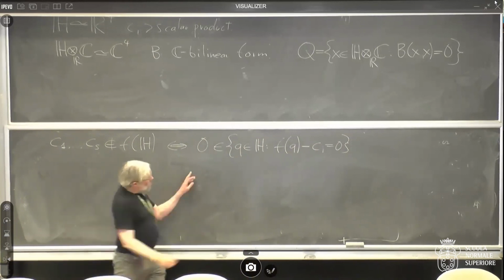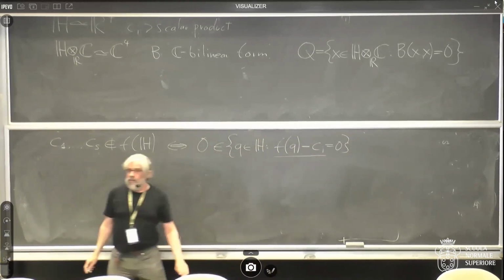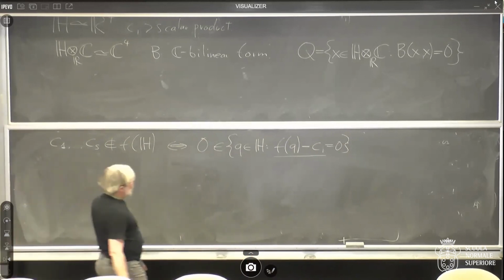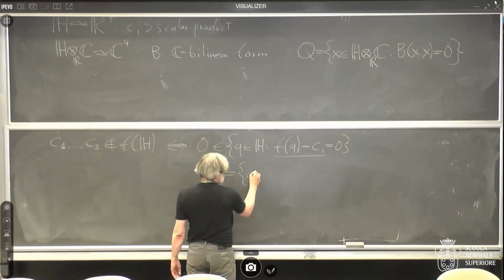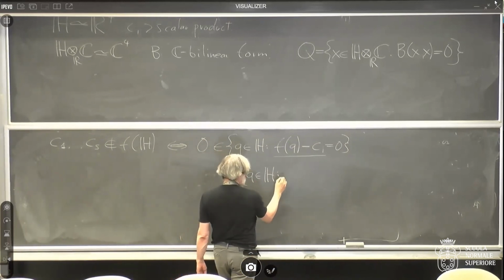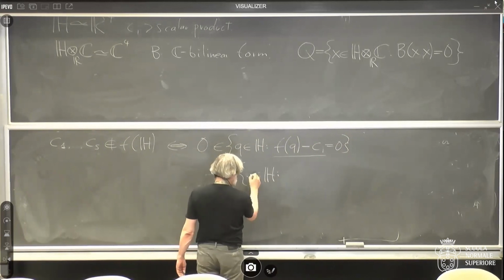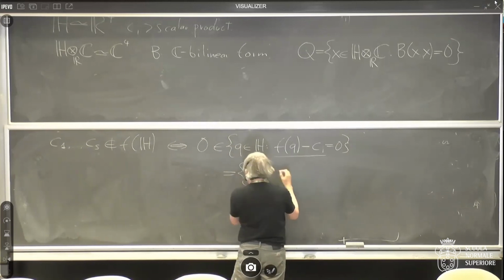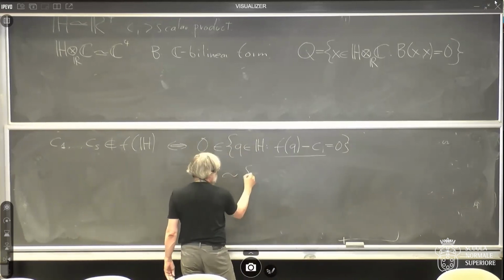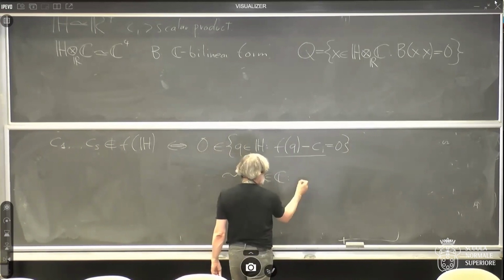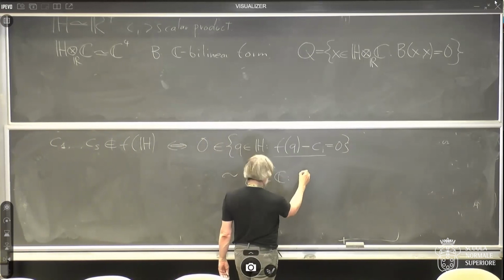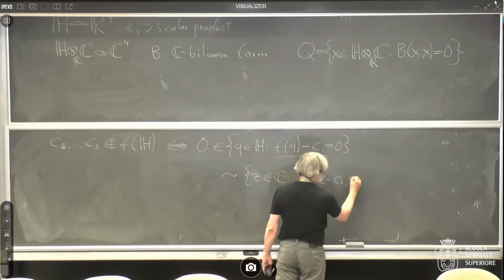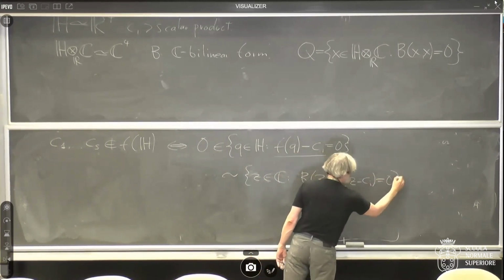And we now get a new function, the difference of f of q with ci. And we can again use the characterization with this bilinear form. So this corresponds somewhat to the set of complex numbers where we have that b of z minus ci, z minus ci is 0.